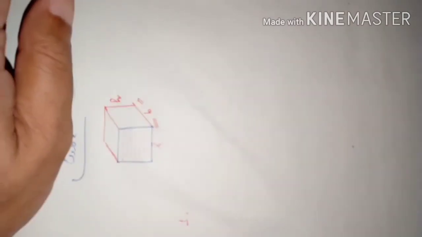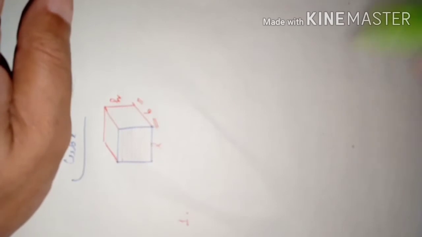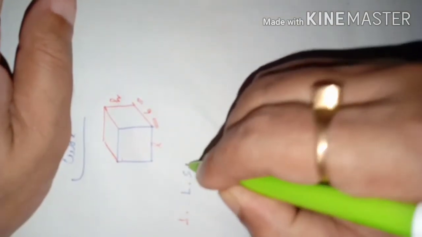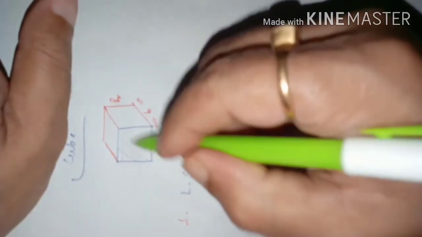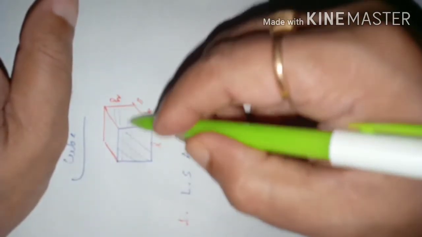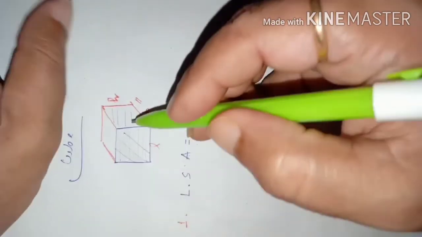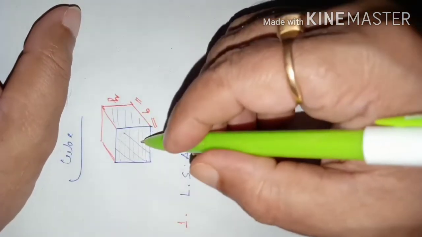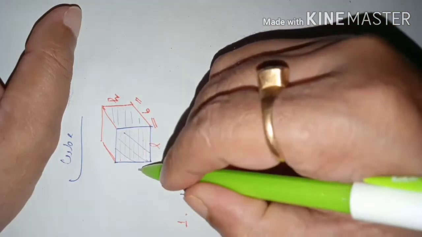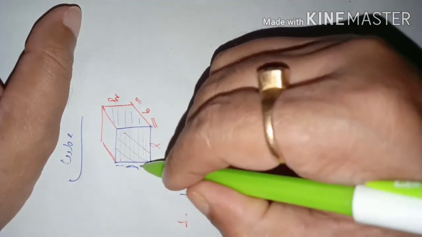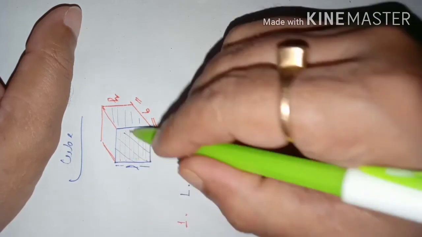Okay, dear students? So here you can say the lateral surface area of a cube will be equal to, see, what is its area? All are equal. There are 6 walls. The area of this wall, if I say its length is L, and its height is L only, because all sides are equal.